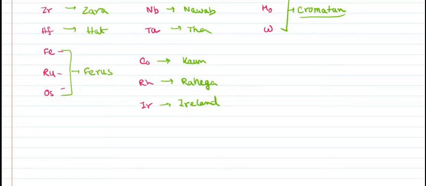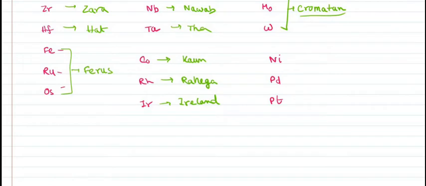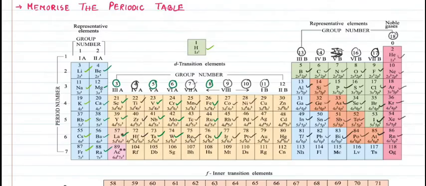We can do this. For the 10th group, what is there? Nickel, palladium, platinum. What we can do here is नहीं पढ़ोगे तो पिटोगे for nickel, palladium and platinum. 11th group here is copper, silver and gold.